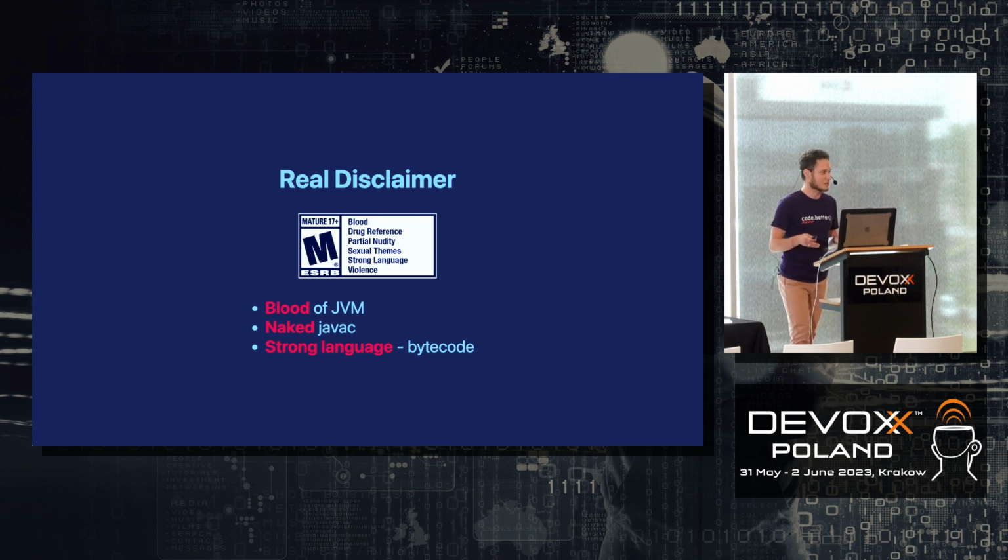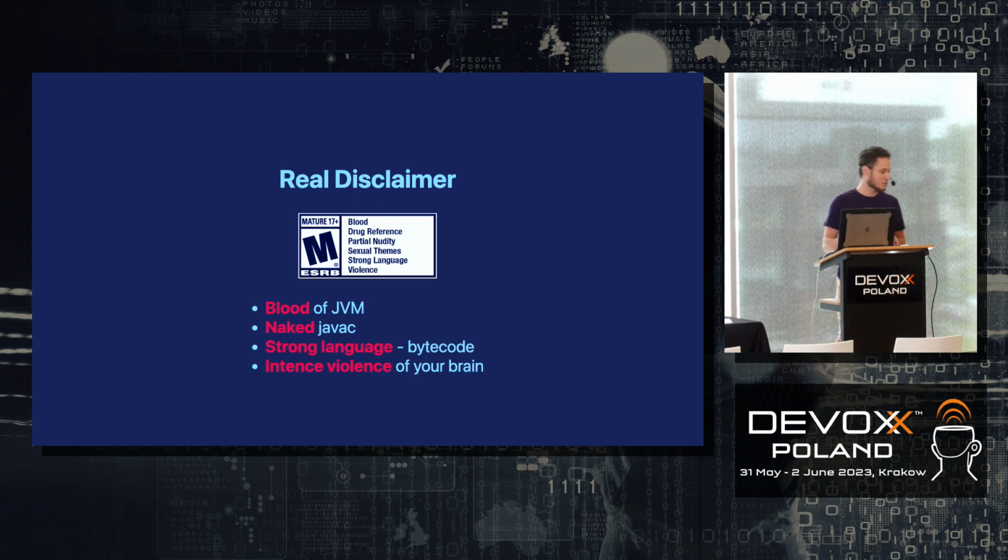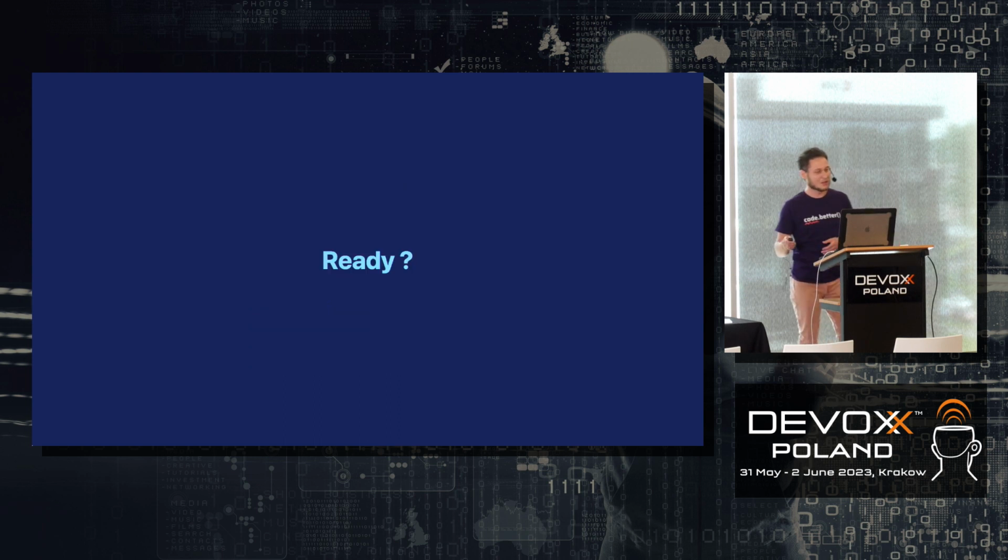Sorry for this. If you're not ready, maybe you can consider another session. We're going to dive deeply into the bytecode, not the Java source code. We're going to talk bytecode. And I will try within the next 40 minutes to do intense violence to your brain. If you're not ready, the door is still open. If you all leave, maybe I could have a chance to visit another great session. So, are you ready?